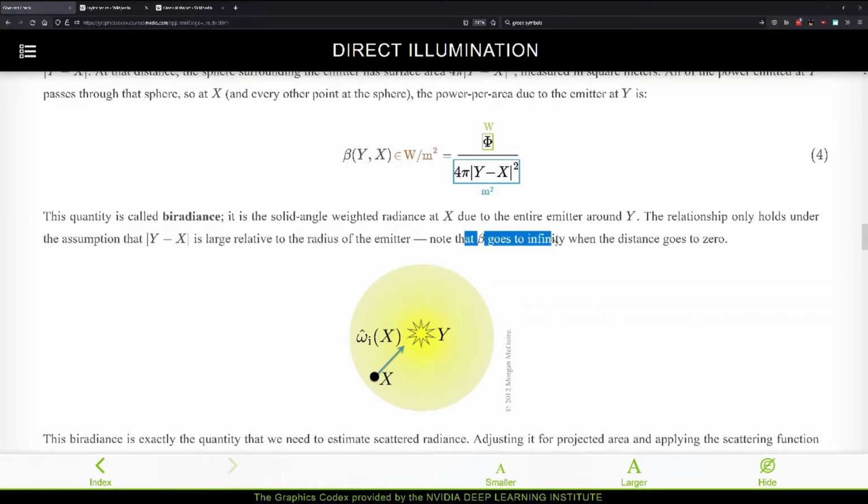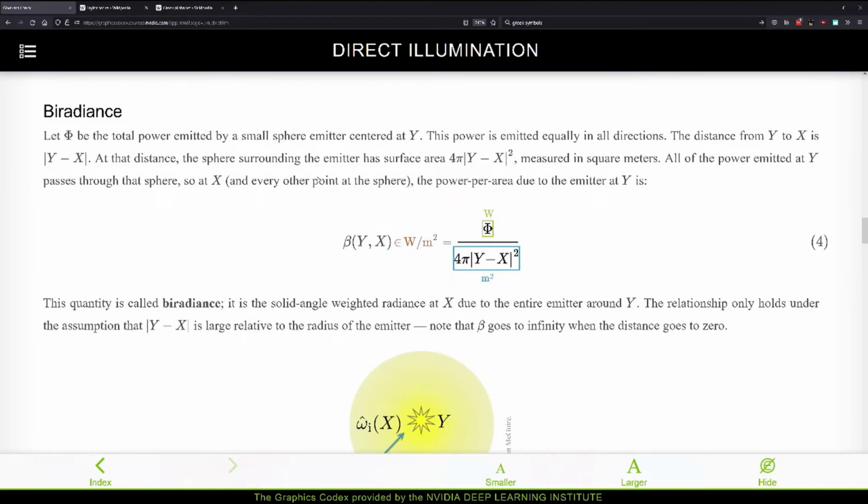Yeah, so the biradiance goes to infinity when the distance goes to 0, sorry. Yes, when you get to the center point y, you get all the power, because you approach 0 and you divide by increasingly small numbers.